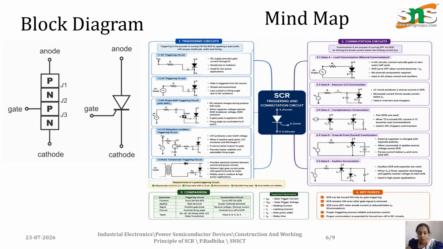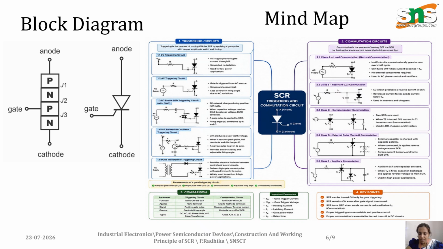So these are the types of silicon controlled rectifiers which we have. All are triggering circuits. The main motive is to amplify the power supply, to control the speed of the motor, or to convert the power from AC to DC. These are the commutation circuits.